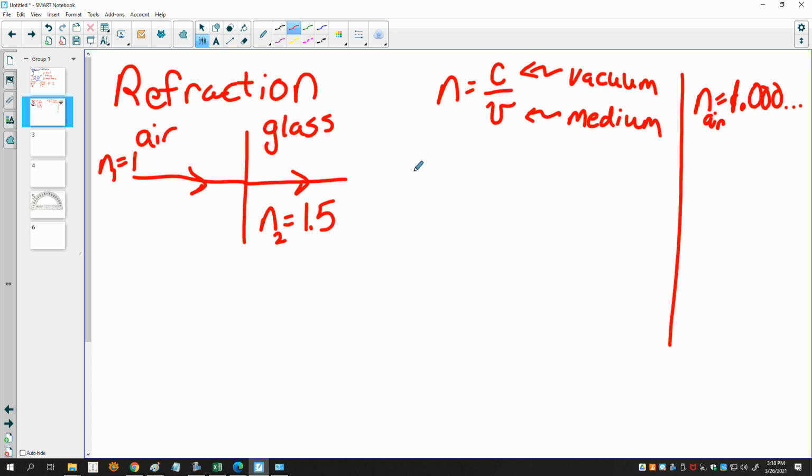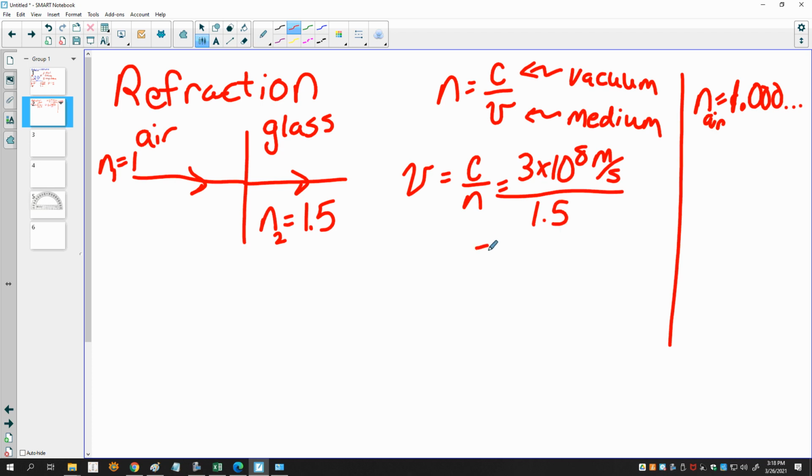Now, I can calculate the speed in glass, which is going to be equal to c divided by n. So the speed of light in a vacuum, or almost in air, it's not exactly 3 times 10 to the 8th meters per second, but in a vacuum it is, divided by the index of refraction, which is 1.5. Notice the index of refraction, which is a ratio of two speeds, has no units.